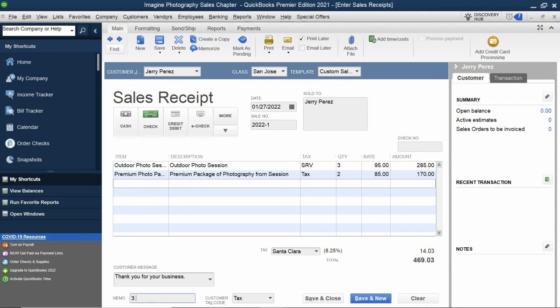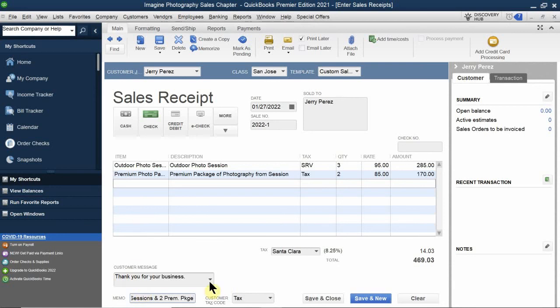So in this case, what did you sell to this guy? You sold 3 outdoor photo sessions and 2 premium packages. Okay, you can use abbreviations if you like.